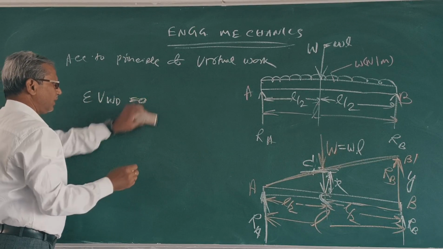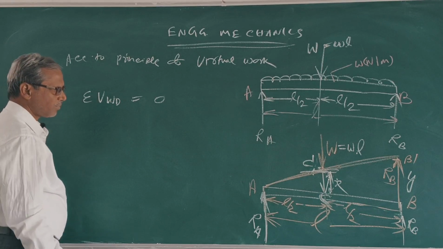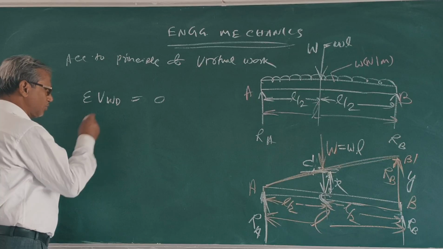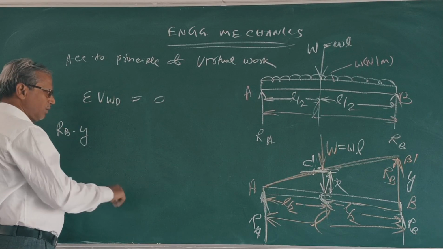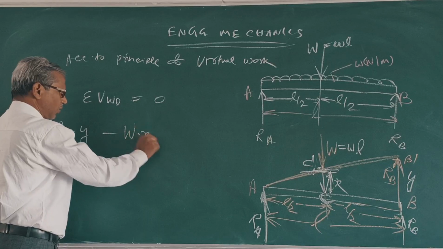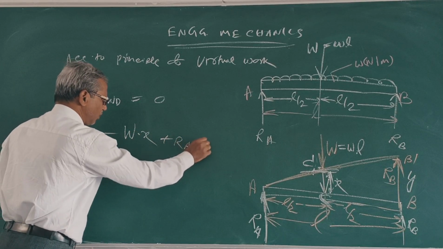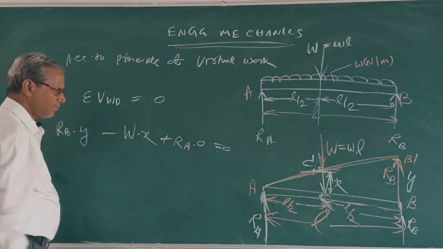Clear? So upward force positive, downward force negative. So RB into y minus W into x plus RA into 0 is equal to 0. Clear? This is 0.